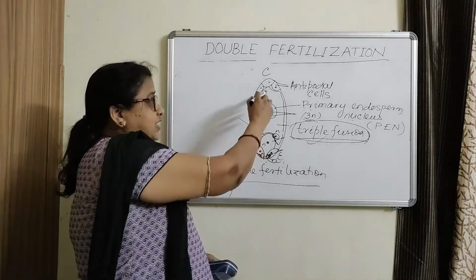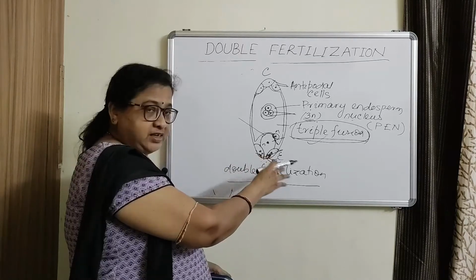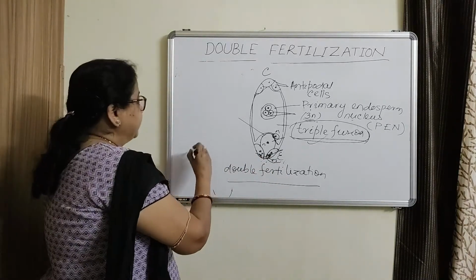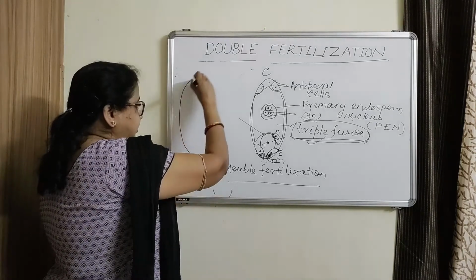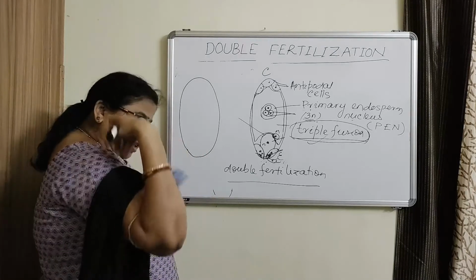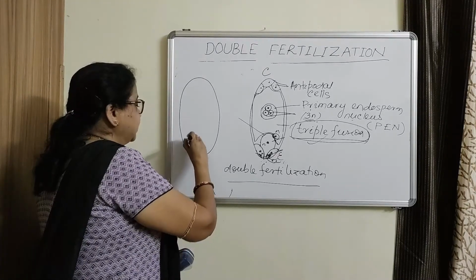Now the antipodal cells and the synergids disintegrate and disappear. So in the fertilized female gametophyte, there are only two cells.